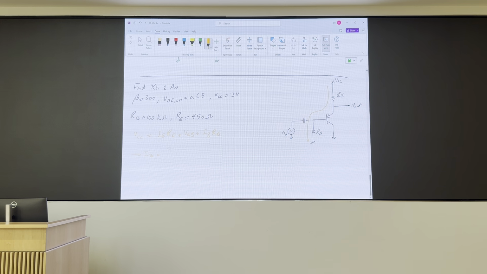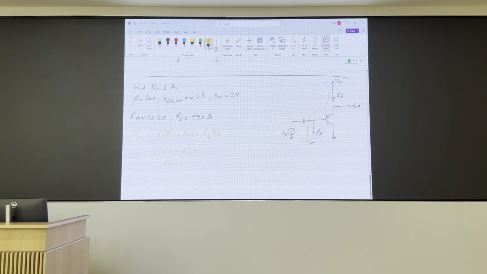So IB is going to be 3 minus 0.65 divided by, for RE, how much is it? 450 ohms times (beta plus 1), plus RB, 100K. So you can do it, right.